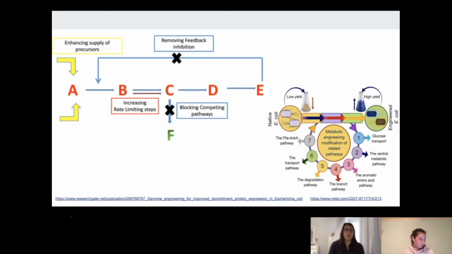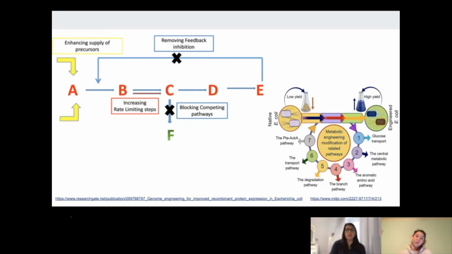They include increasing the supplies of precursors, which are chemical compounds preceding another in a metabolic pathway, by blocking branched chain pathways, which lead to byproduct formation, and lastly, removing feedback controls in the pathway.